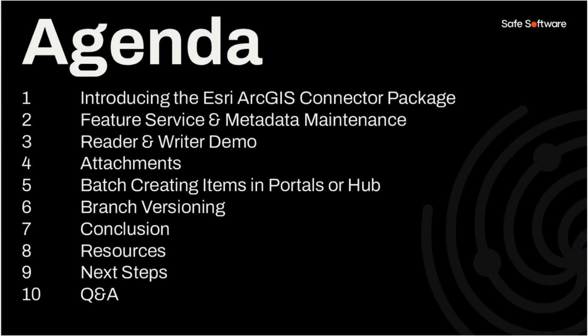As part of that, Bruce will be taking us through attachments, as well as batch creating items in portals or hub. From there, we'll be wrapping things up with branch versioning before we go on to our wrap-up conclusion. And then we're going to be sharing some resources with you so that you can get started yourselves, as well as next steps, and then that dedicated time for Q&A that I mentioned earlier.